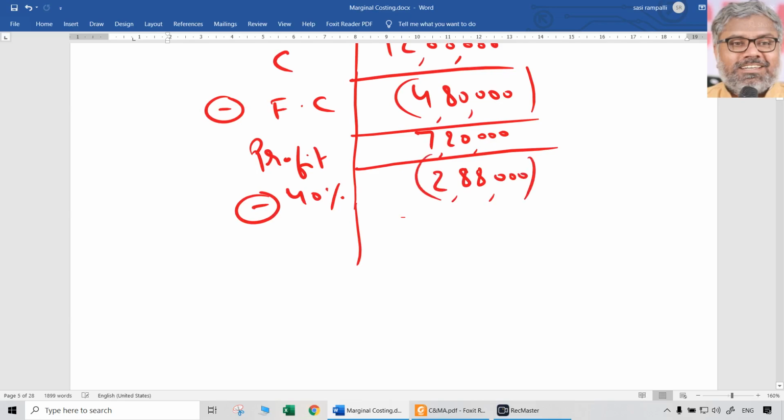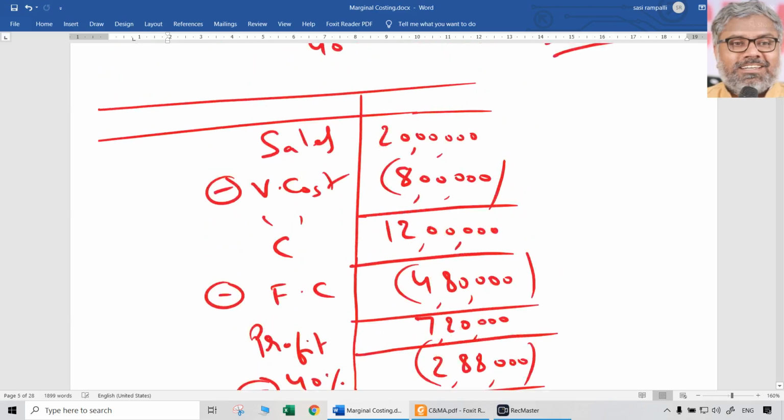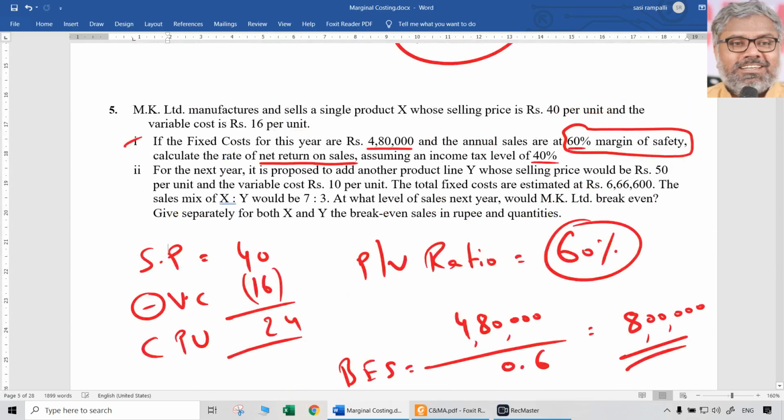Deduct that also. We can call this PAT, popularly called profit after tax. So 7,20,000 minus 40%, 4,32,000 is the profit after tax. That is also not the answer. People stop there without reading the question properly. What is asked?